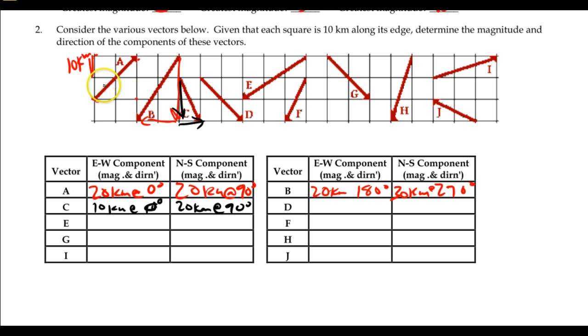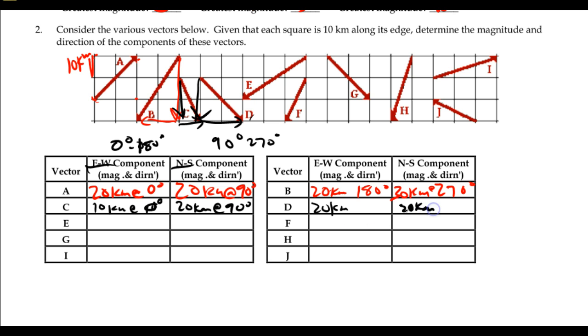Now notice, since we're doing east, west, and north, south, all of these answers are going to be either 0 or 180 for the east-west components. All of these answers are going to be 90 or 270 for the north and south components. D goes down and over, 2 blocks in each case.